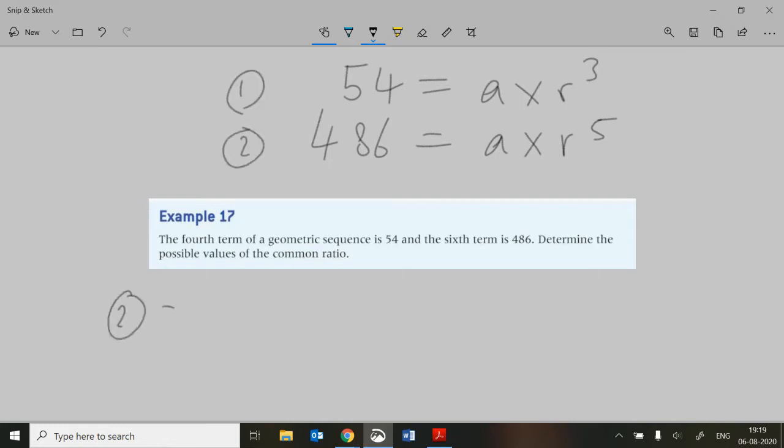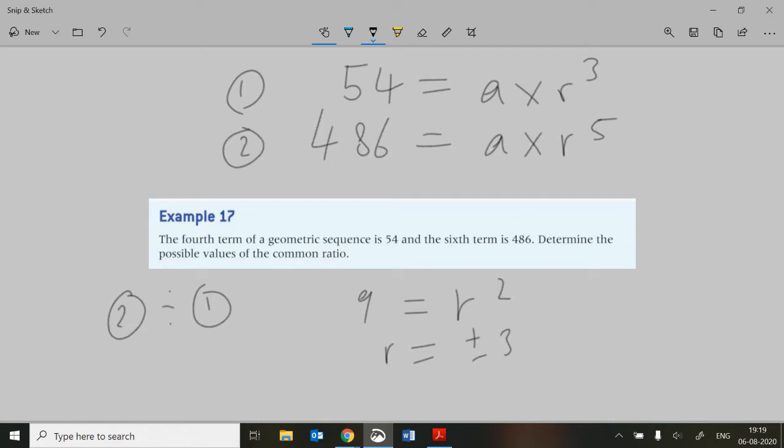What we'll do is divide the second one by the first one. 486 divided by 4 is 9. So if we divide them, we get 9 is equal to, now those a's are going to cancel, r squared there.